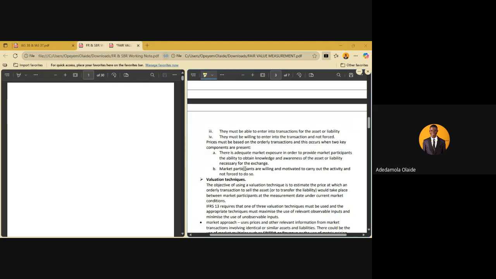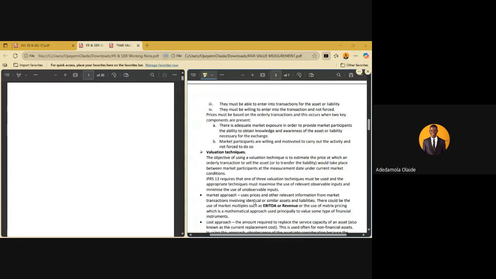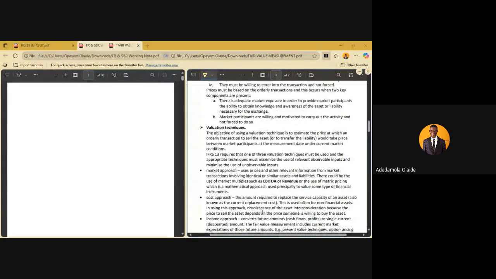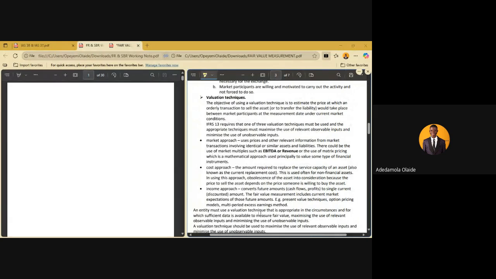One, there must be adequate market exposure. That is, those market participants, both the seller and the buyer, must have enough knowledge and awareness about the asset or liability. And two, they are willing and motivated to carry out the activity, not forced to do so. That is that.